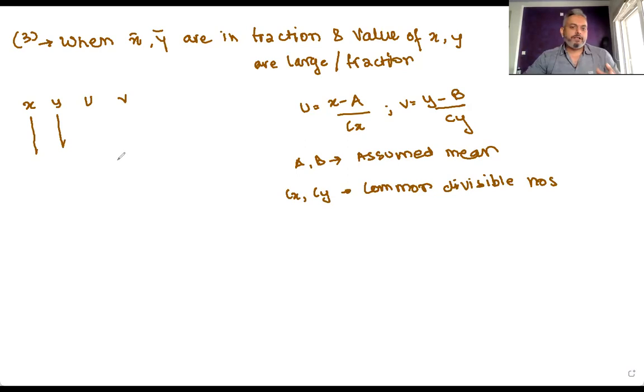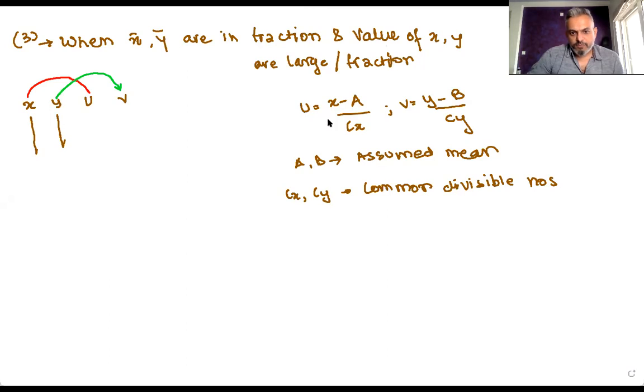So for example, x is a multiple of 100, so the common divisible number will be 100. Y is a multiple of 5, so the common divisible number will be 5. So your x gets converted into u and y gets converted into v.